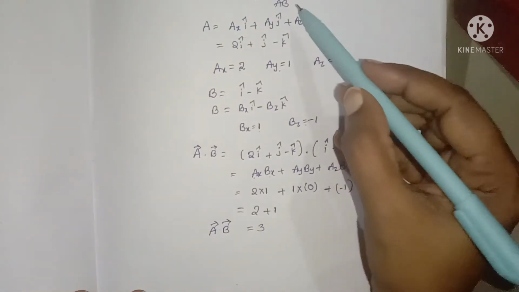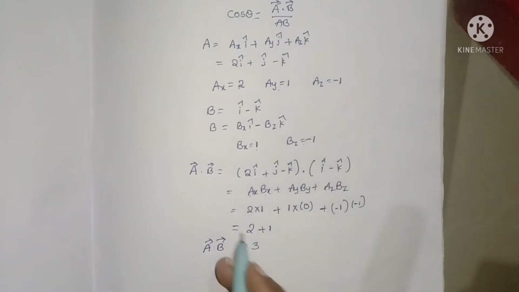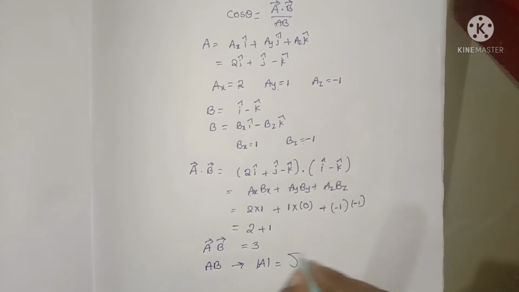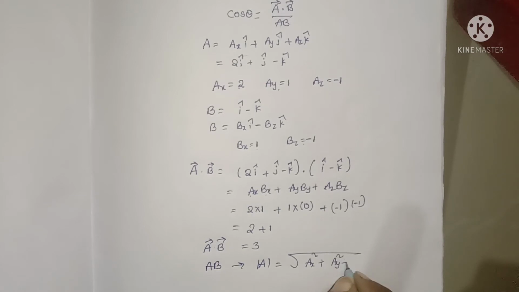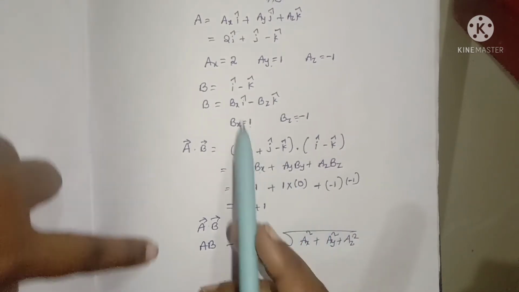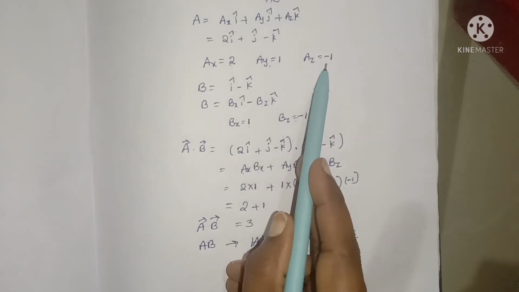Next we can find AB, which is the magnitude. First we write the modulus of A. What is the formula? Root of ax square plus ay square plus az square. This is the magnitude formula. Here ax is 2, ay is 1, az is minus 1.